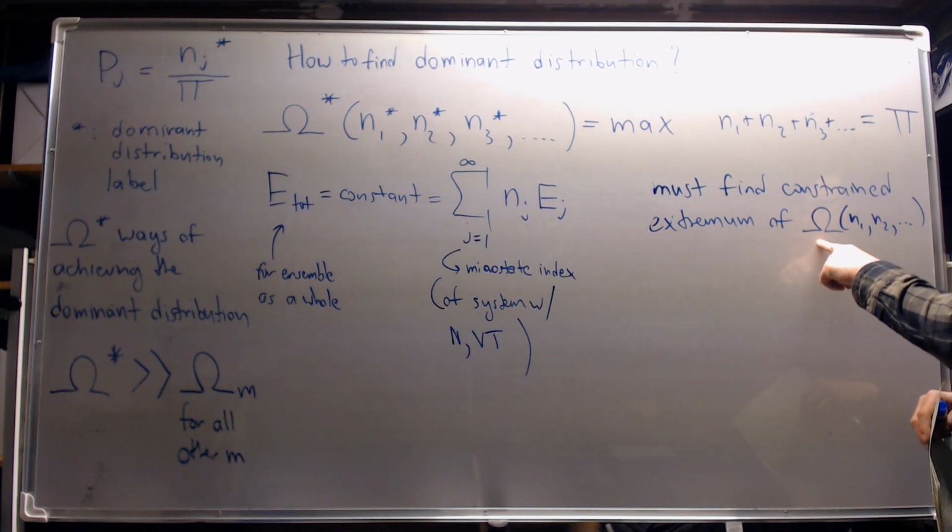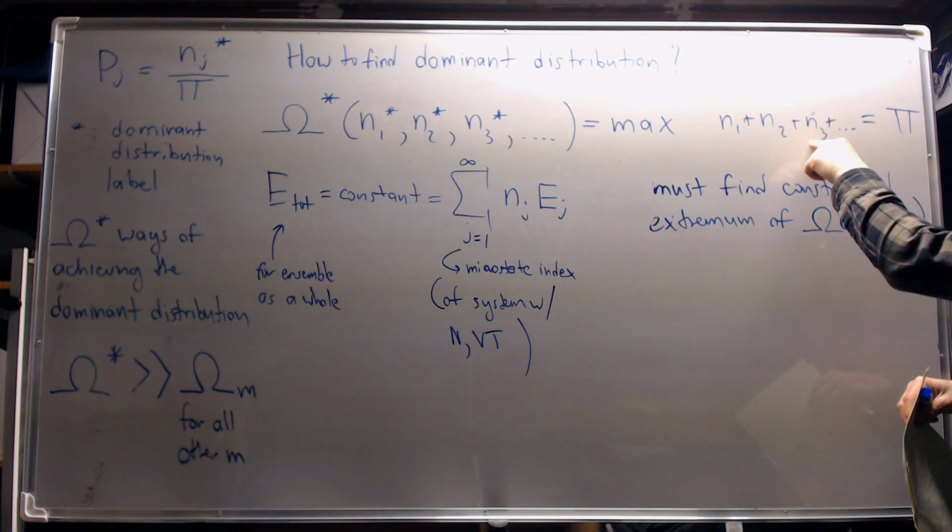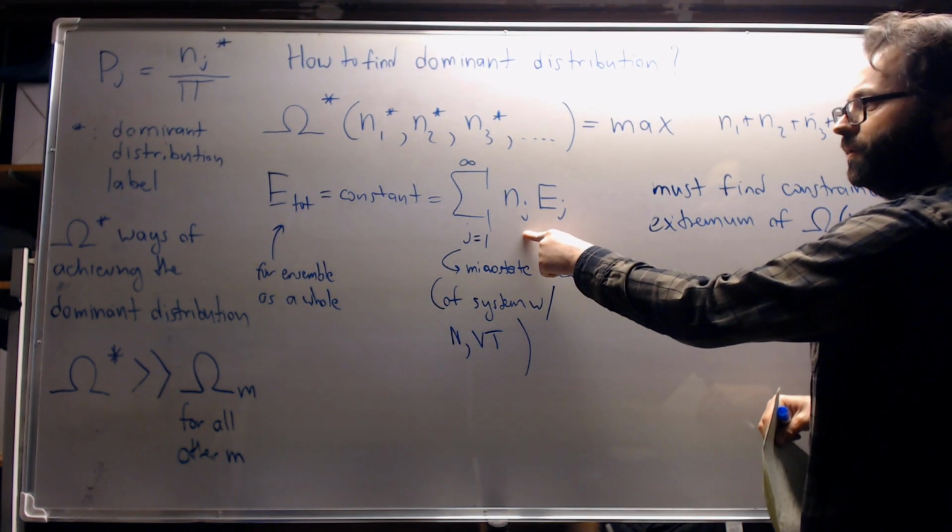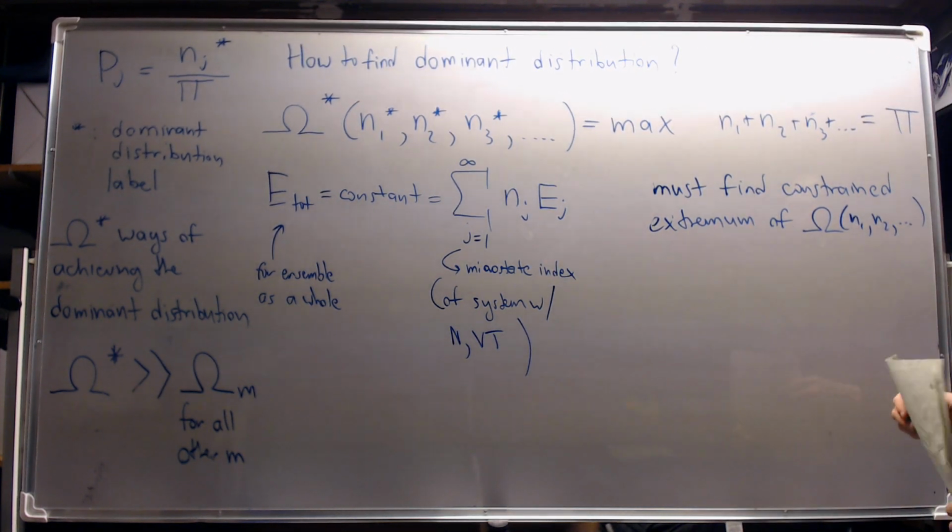Specifically, we are looking for a maximum, subject to this constraint and that constraint. And the way to find a constrained maximum is provided by something called the undetermined Lagrange multiplier method. We've mentioned it already in class before. I refer you to the back of Hill's book. There's also something in Engel and Reed about it. There's also something in Ralph Bayerlein's book about it, actually something quite good.